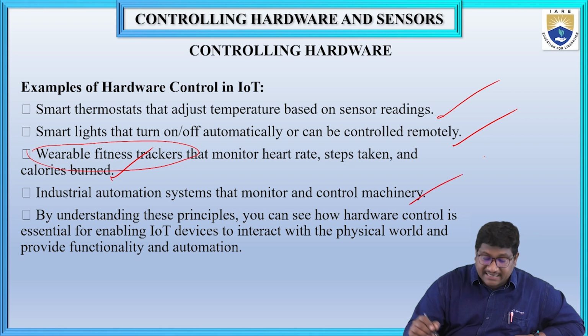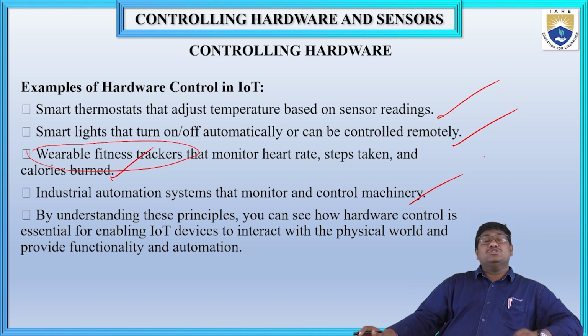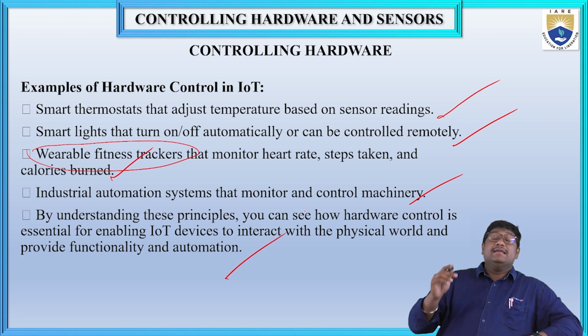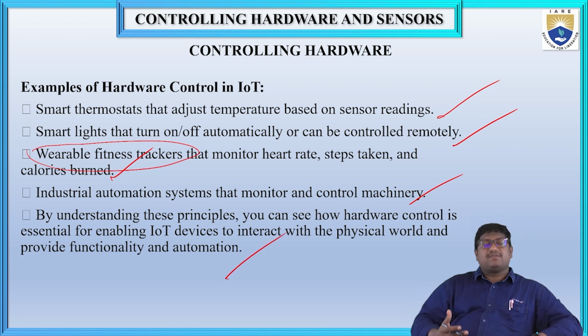Coming to the next one, industrial automation systems, which control and monitor machinery. By understanding these principles, you can see how hardware control is essential for our IoT devices to interact with the physical world, which provides the functionality of automation. For this specific purpose only, controlling hardware is required.